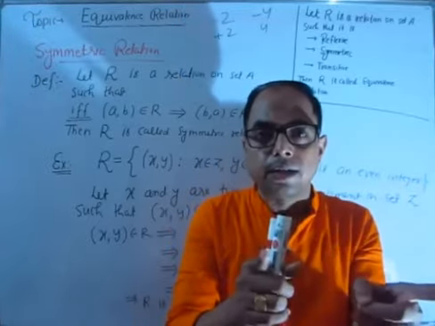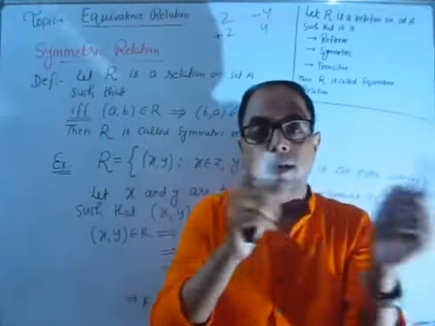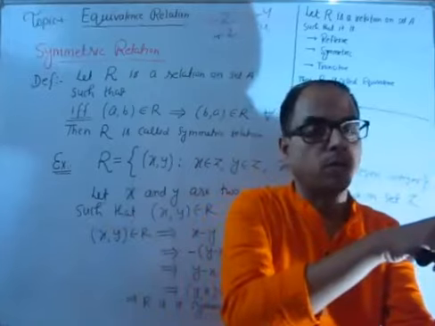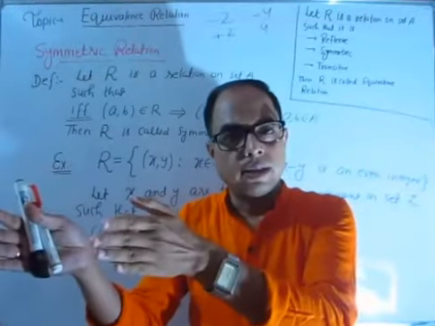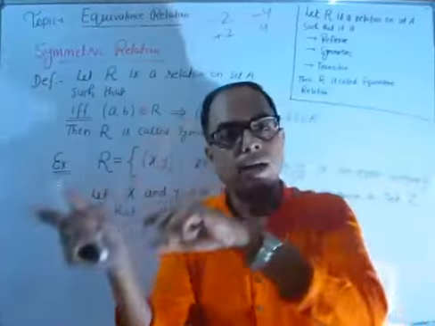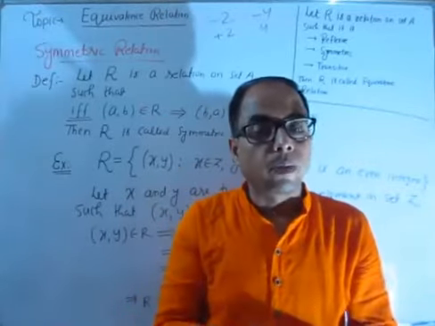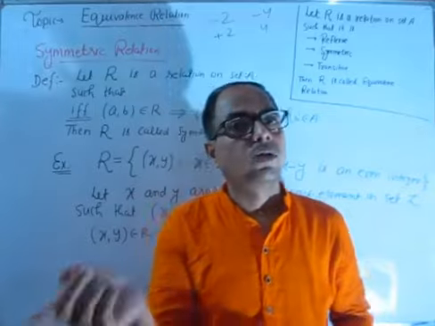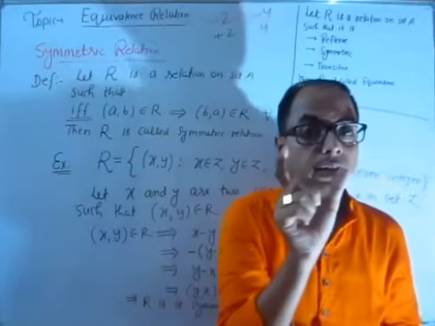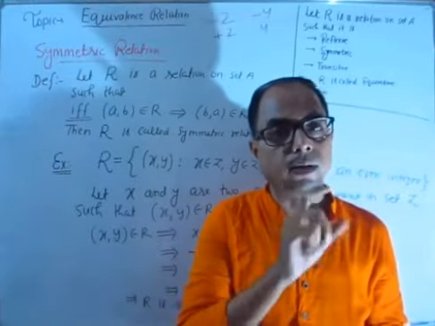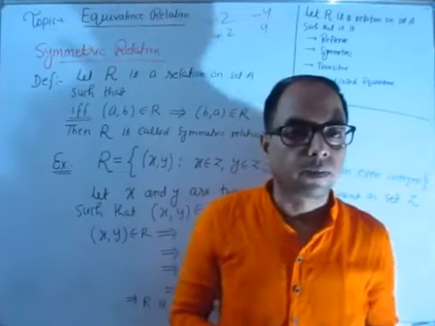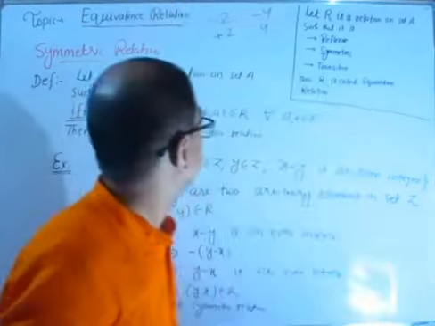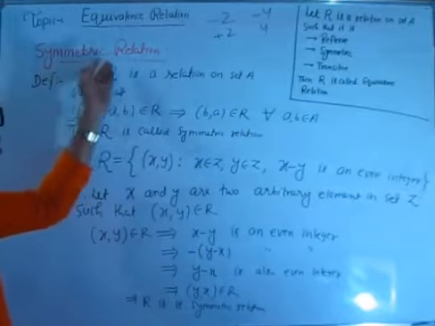But the same relation cannot relate Radha with Mohan. Radha is sister of Mohan, not the brother. So Mohan is related to Radha by the relation brother, but Radha is related to Mohan by the relation sister, not by the relation brother. So 'is brother of' is not a symmetric relation. So this is all about the symmetric relation.